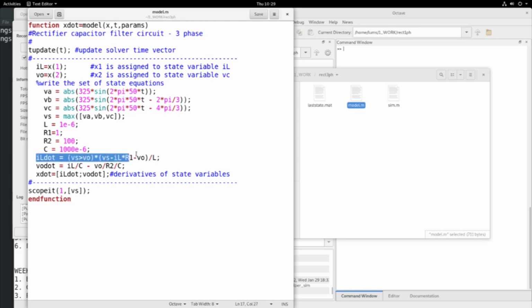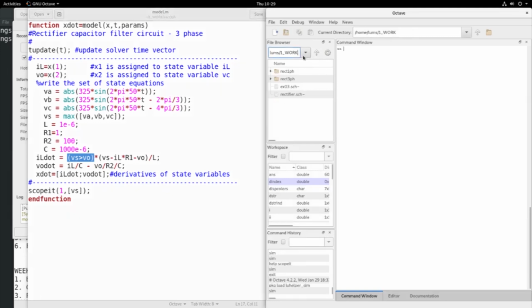Look at the equation here: this all remains the same, Vs minus IL R1 minus V0, and also C dV0 by dt is equal to IL minus V0 by R2. These two remain the same. Also the qualifying Boolean flag here: the conduction of current in IL happens only when Vs is greater than V0.